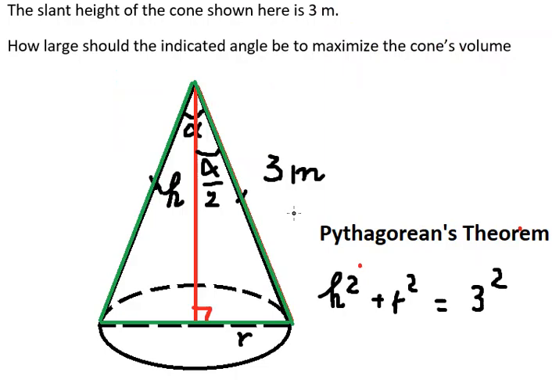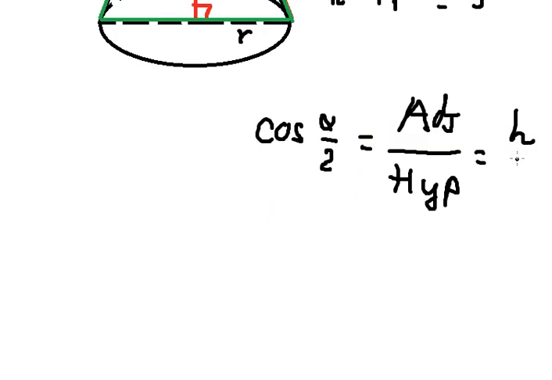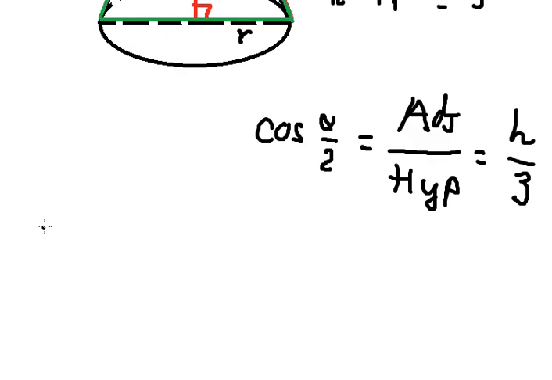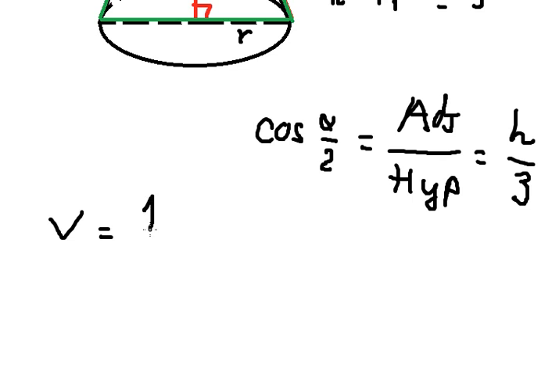So the adjacent of alpha over 2 is H, and the hypotenuse is number 3. And the last one is the volume. The volume of the cone is 1 over 3 times H times R squared times pi.